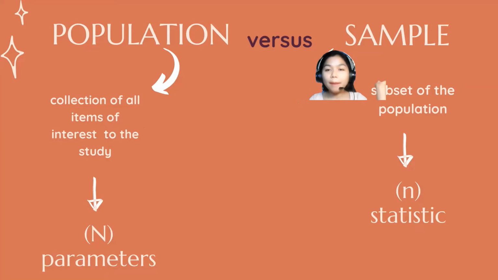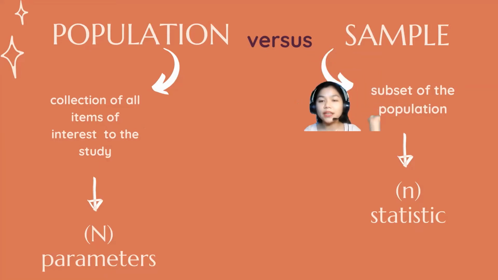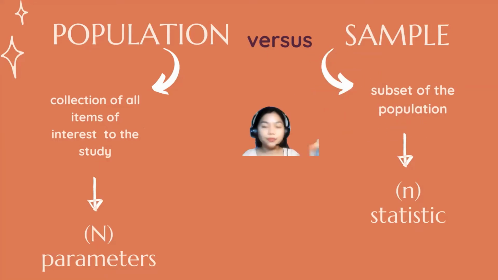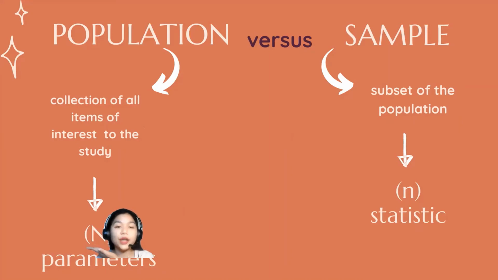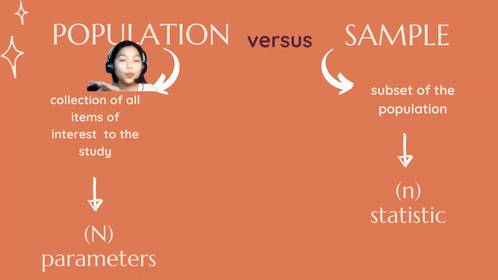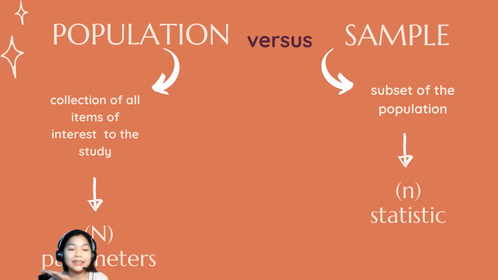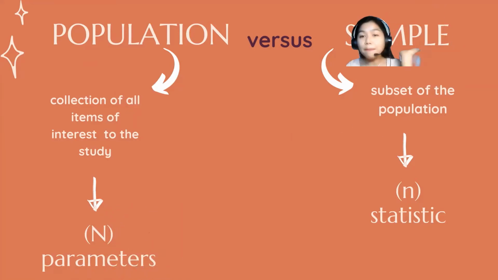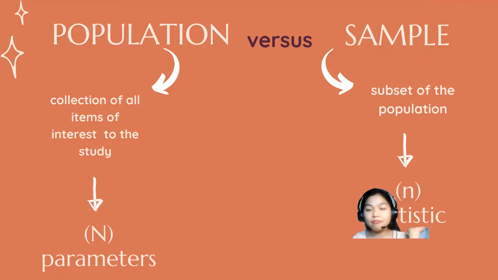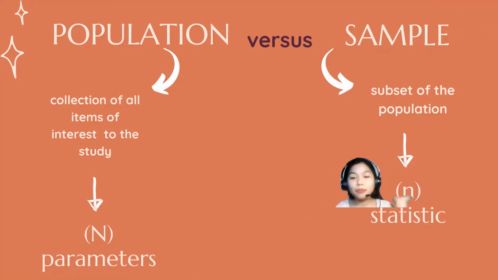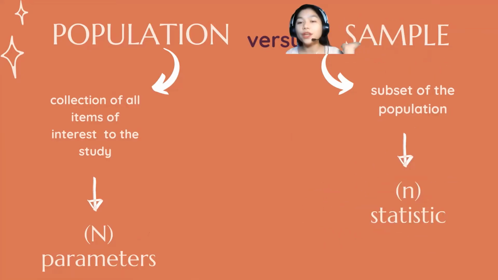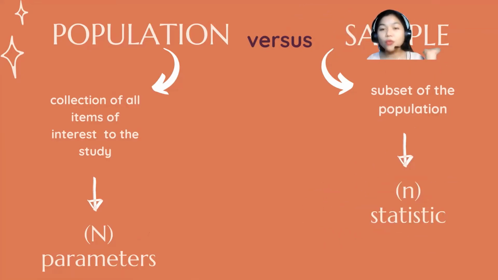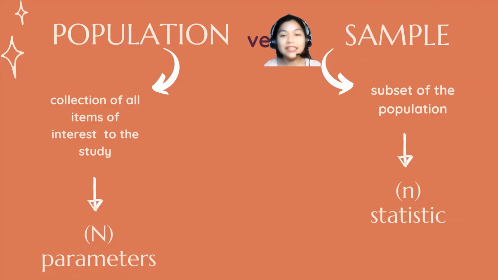Meanwhile, a sample is just a subset of the population. And please take note, a population is described by a parameter, so we use capital N, while a sample is described by a statistic, using small n. That is why our subject is called statistics, because we mostly use samples.